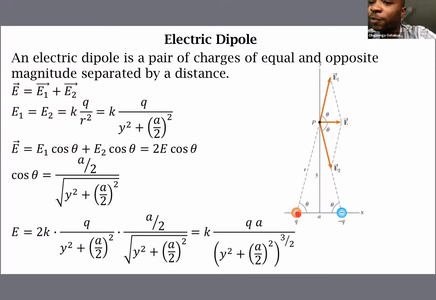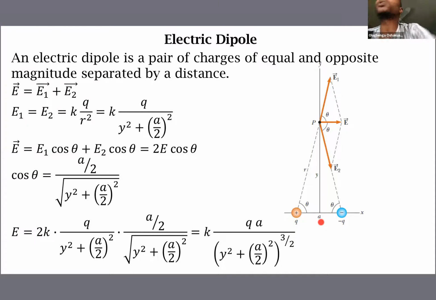This has a charge of Q, while the negative charge has a charge of minus Q. So they are equal in magnitude, but opposite in sign. Both of them are separated by a distance a. This system, the positive and negative charge, forms what we call a dipole, and they are separated by a distance a.